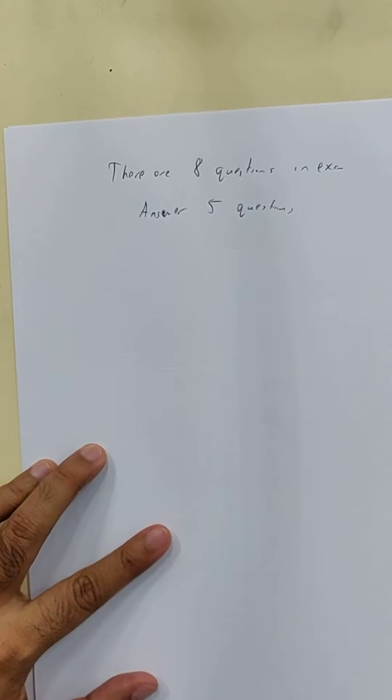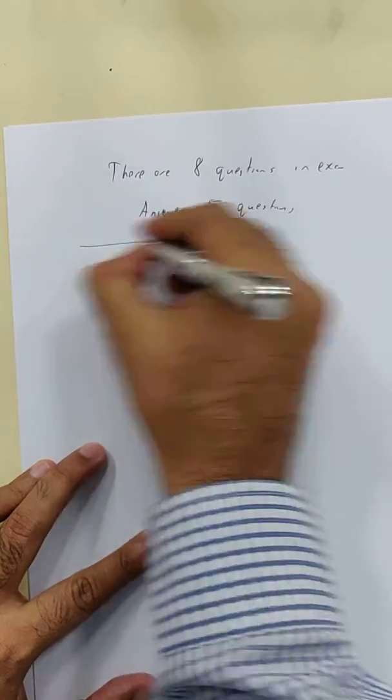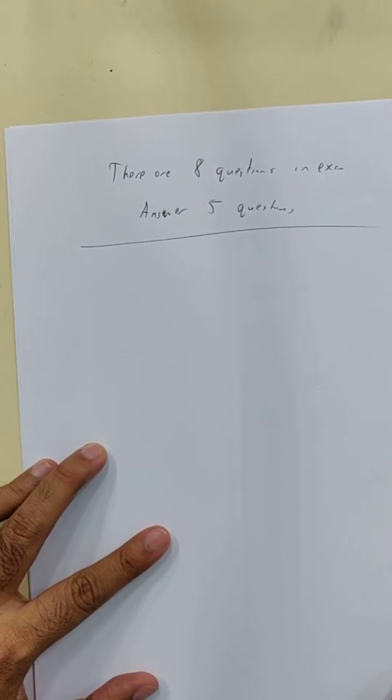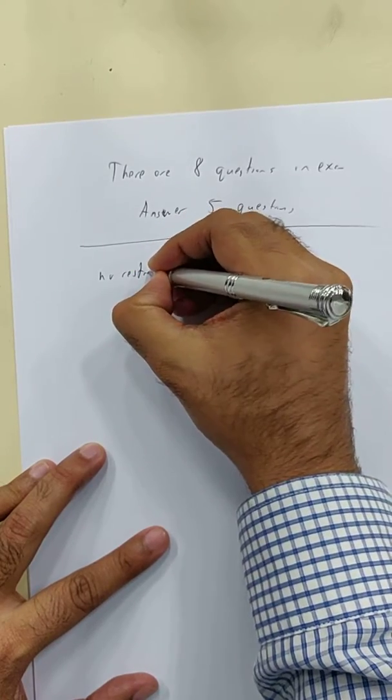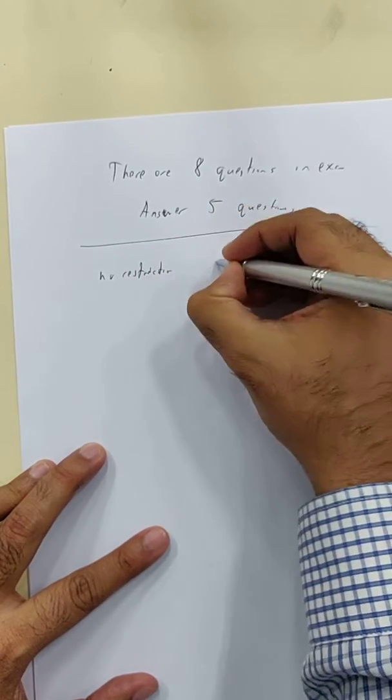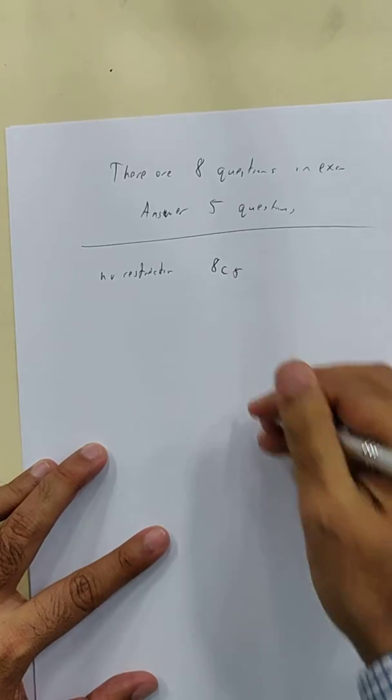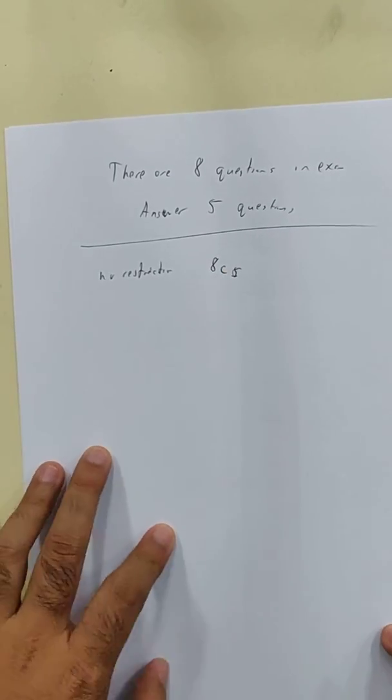Okay? If there's no restriction, how do you do it? No restriction is easy. 8C5. Are you sure it's C, not P?